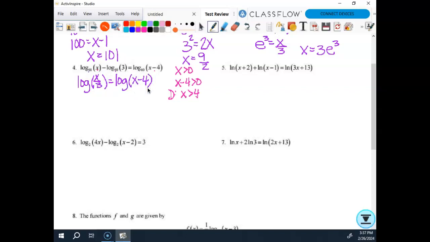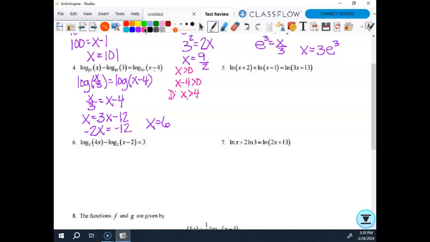Then I can drop the logs and get x over 3 equals x minus 4. So x is equal to, when I multiply through, 3x minus 12. So negative 2x equals negative 12. X equals 6. 6 is greater than 4, so I'm good.